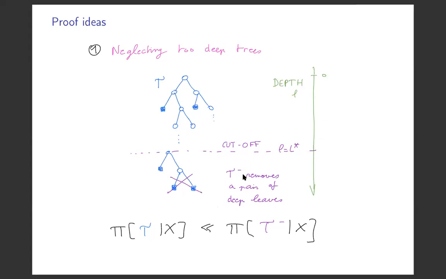If you have a tree that goes further down than the optimal cutoff for the given regularity alpha you are considering, you don't want the tree to have many leaves down there. So the first step is to prove that the posterior puts much less mass on those deep trees than it does on the trees which cut earlier.